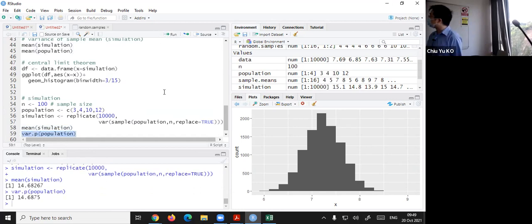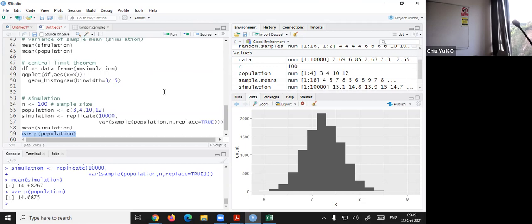So that's the same. So I convince you that this is unbiased. What I'm doing is I draw a sample from this population, this data, I draw 1,000 numbers, and I calculate the sample variance.